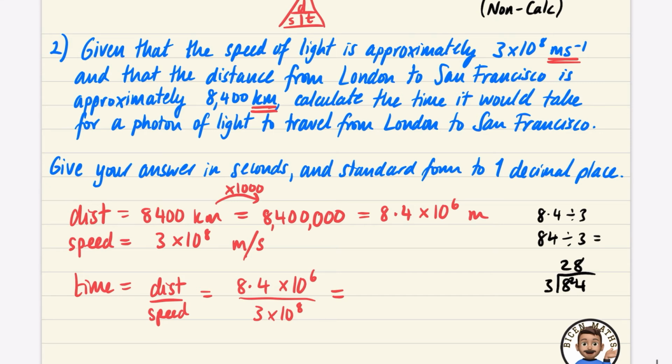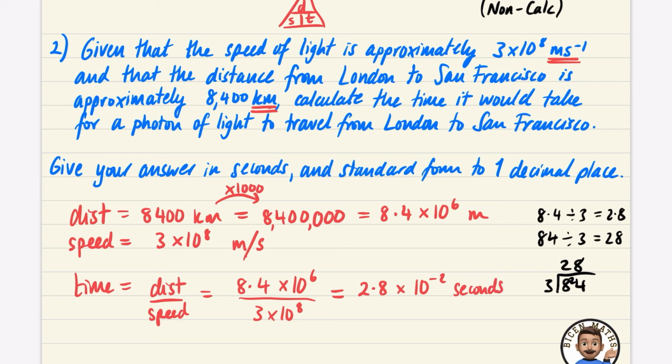So 84 divided by 3 is 28. So 8.4 divided by 3 is 2.8. So that's why we've got this thing to 1 decimal place. Then all we need to do is work out the powers. You're going to take 10 to the power of 6 divided by 10 to the power of 8. You're going to subtract the powers, and 6 take away 8 is minus 2. So it is 2.8 times 10 to the power of minus 2 seconds.